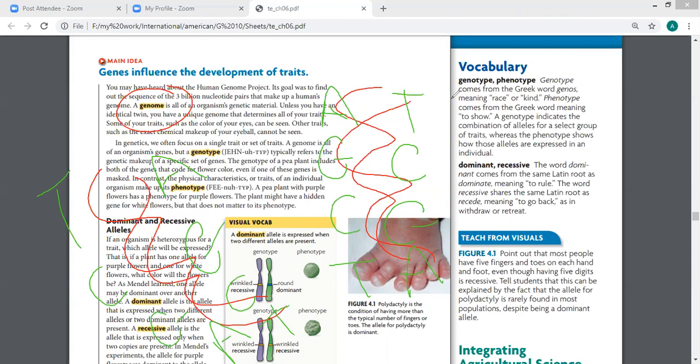So this DNA sequence is different from that DNA sequence. From these genetic materials, you can identify different persons.